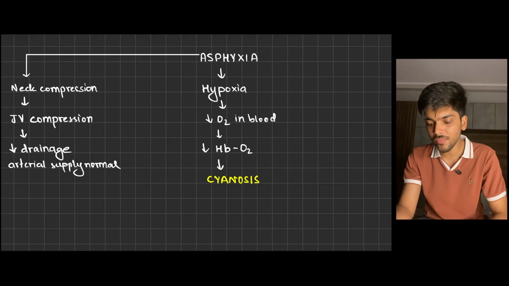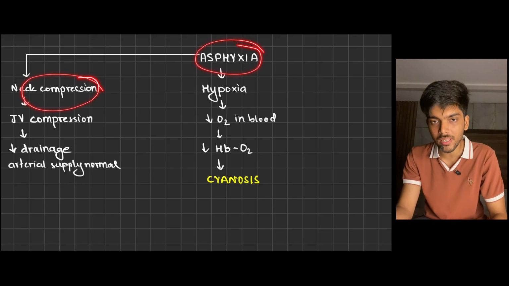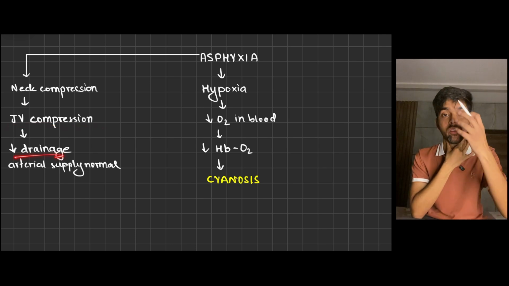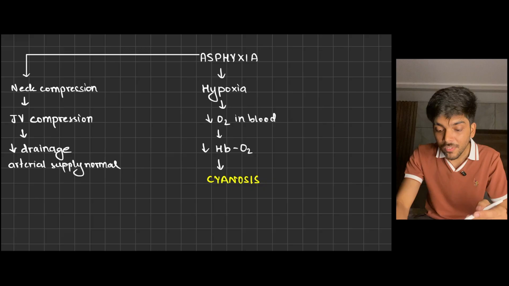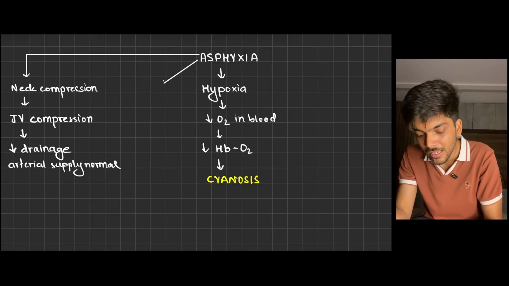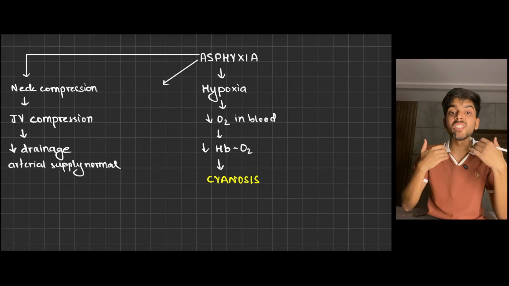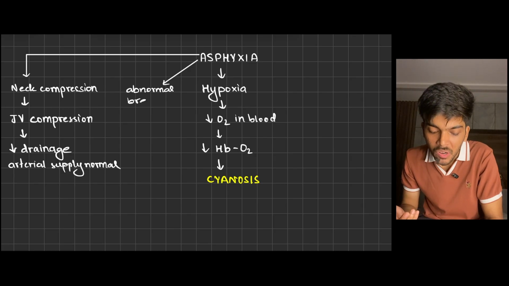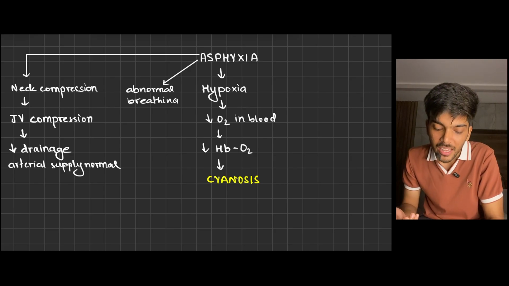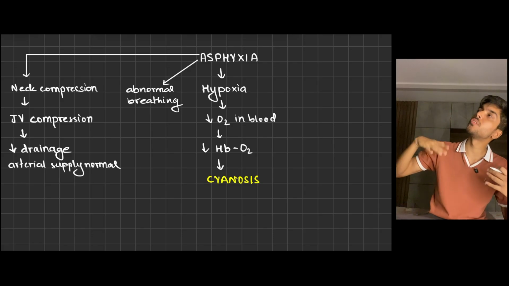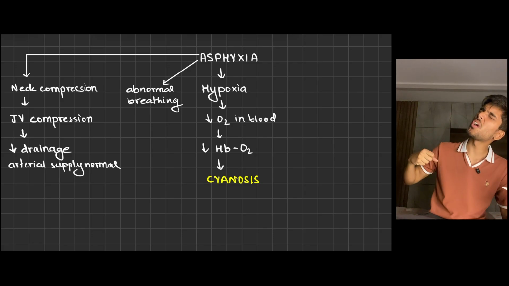What else causes reduced drainage? I said if there is asphyxia due to neck compression, there is compression of the jugular vein, which leads to reduced drainage. But what if asphyxia is not due to neck compression, it is due to some other mechanism? In that case, asphyxia will lead to abnormal breathing. Let's say it's a case of stampede or a wall has collapsed on you. You will try to breathe, you are unable to breathe.